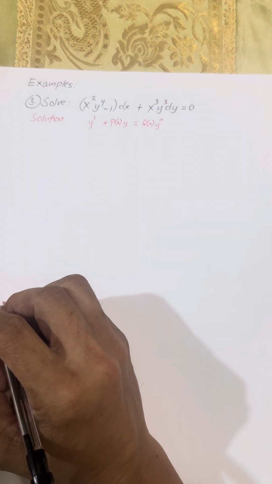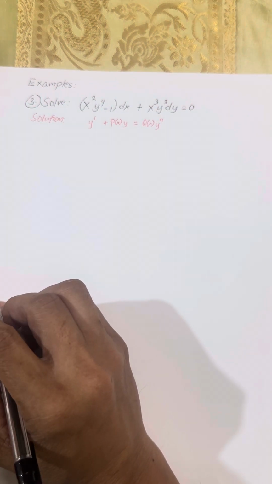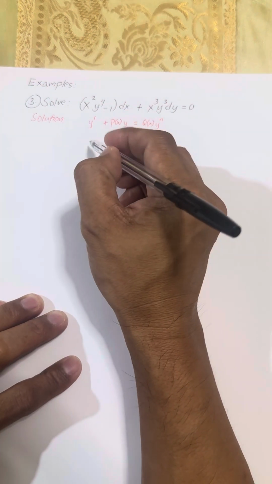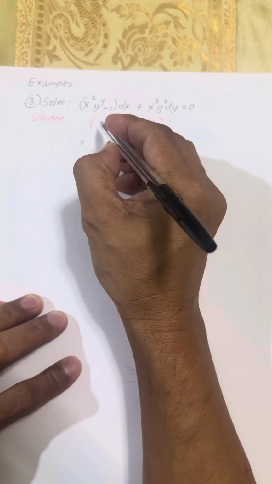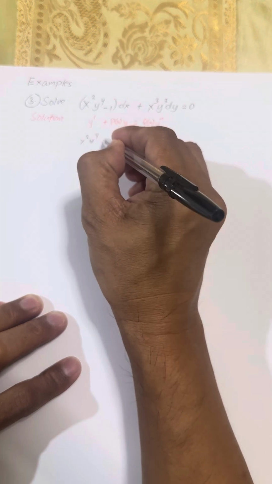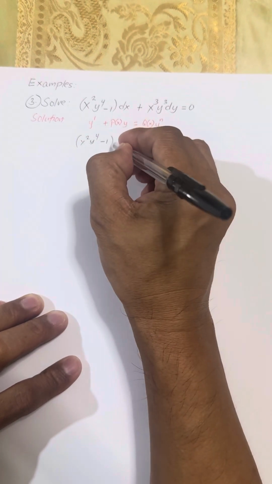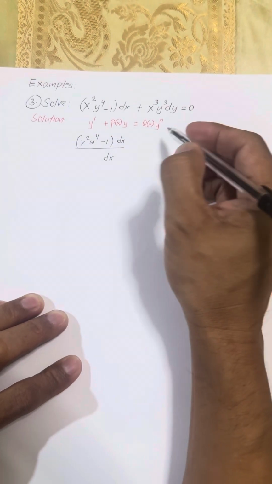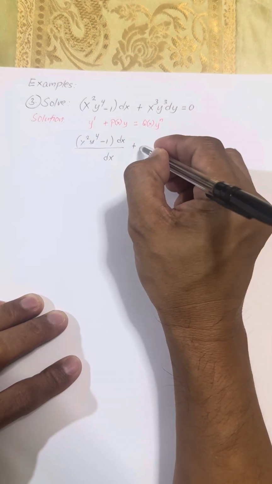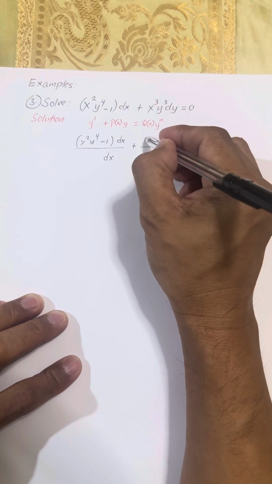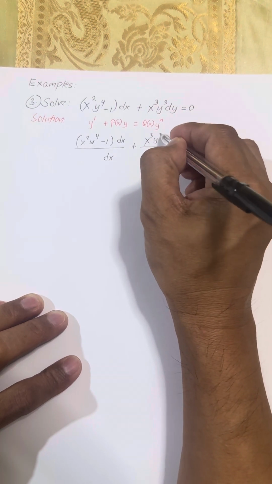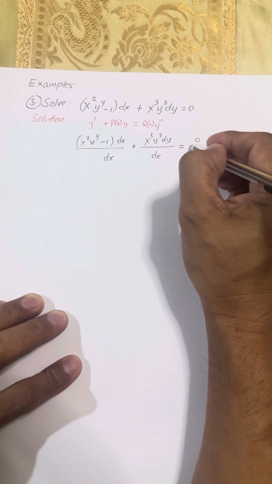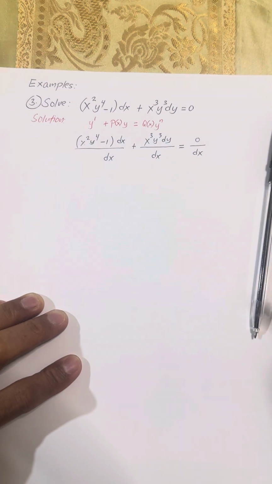If we divide both sides by dx, what will happen? This will become x squared y to the fourth minus 1 multiplied by dx. So let's divide this by dx, and do the same for the other term, x cubed y cubed dy. Divide this by dx, and on the right side, 0 divided by dx is still equal to 0.